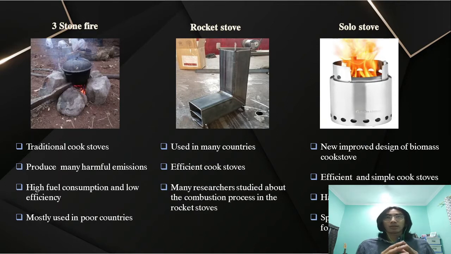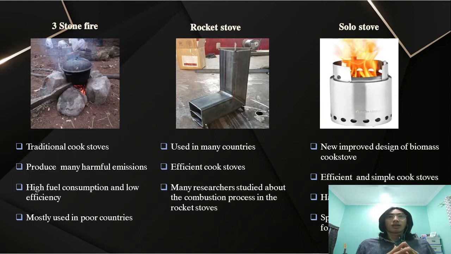As you can see, the design of the stove is very simple, but this stove produces many harmful emissions, and it also has high fuel consumption and low efficiency, which is very bad for the users.